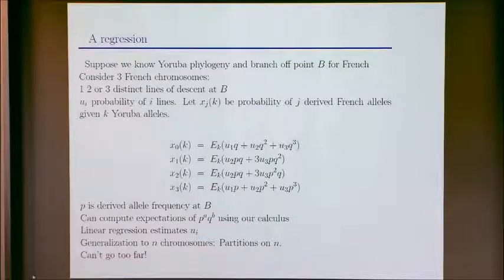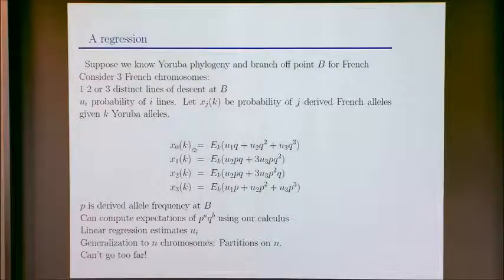And that probability, and in fact that event for how many lines of descent I have when I coalesce back, is completely independent of the Yoruba phylogeny. Nothing to do with it, right? But I can observe the probability of J-derived French alleles given K Yoruba alleles. Okay, and so given the Yoruba phylogeny, I have some probability P for the allele frequency at the branch-off point.